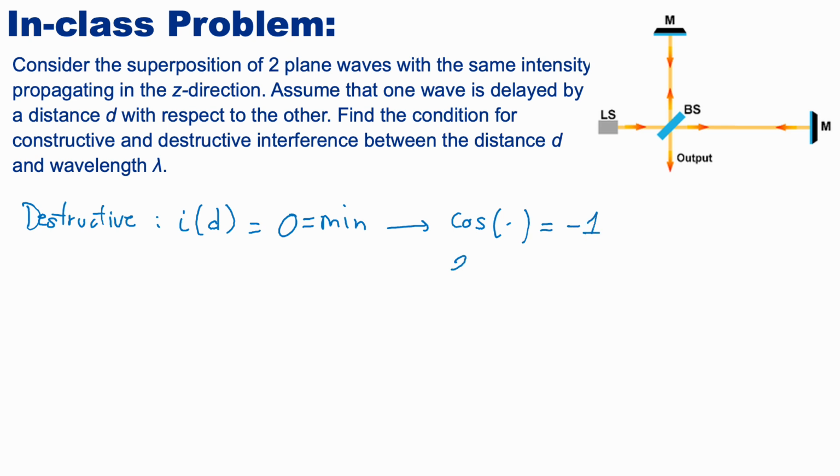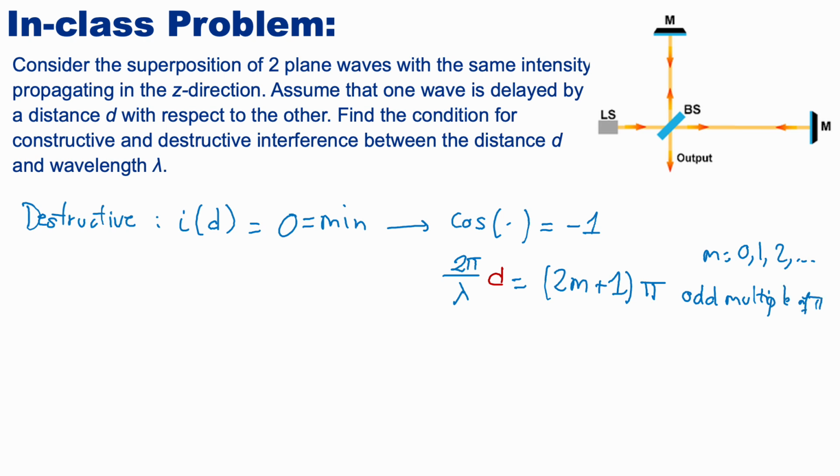So that means that the argument of the cosine, 2 pi over lambda d, needs to be equal to an odd integer multiple of pi. So remember, m is any integer, and then this is an odd multiple of pi.